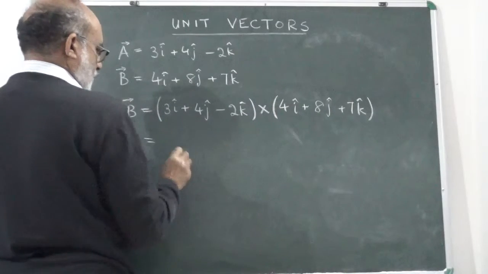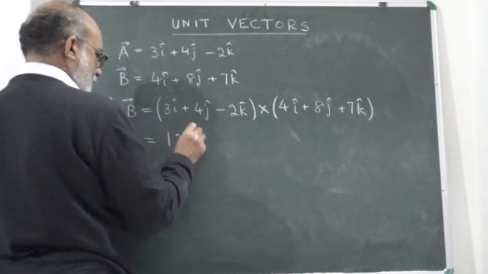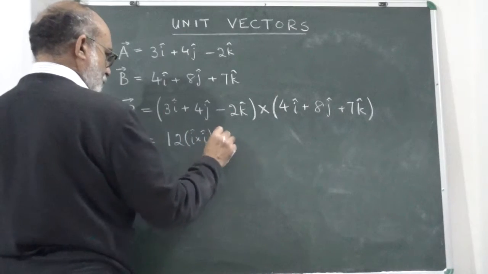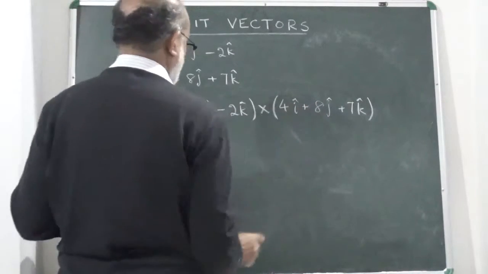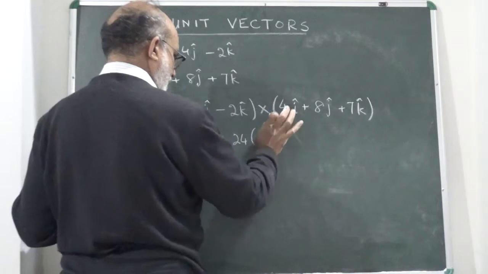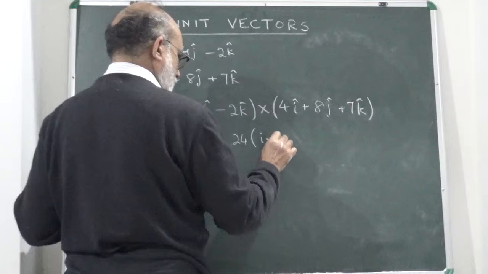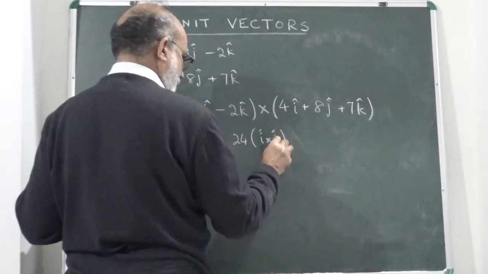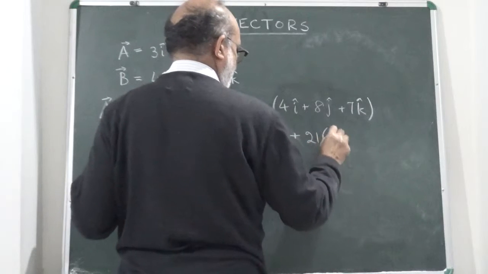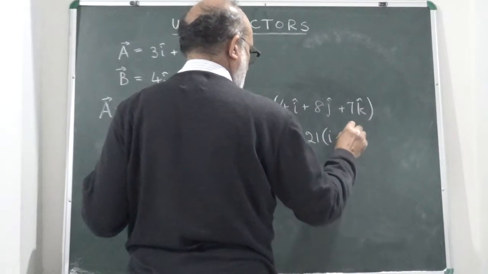So 3 fours are 12, i cross i, plus 3 eights are 24, i cross j, and 21, i cross k.